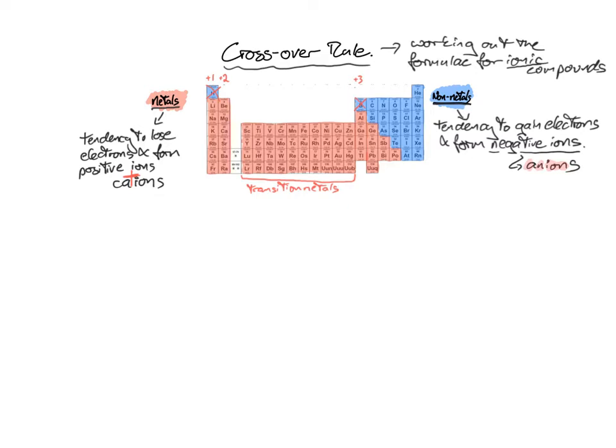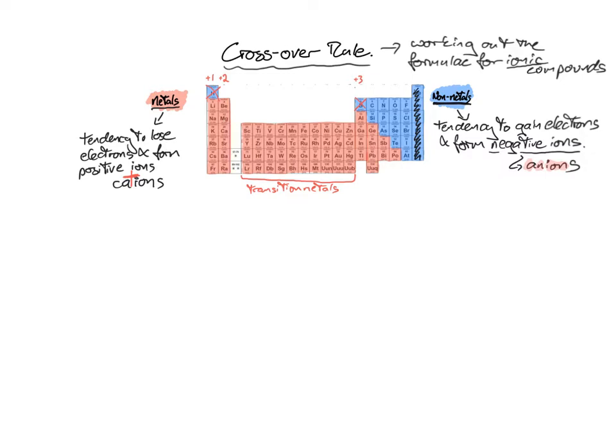Okay, so the non-metals. Firstly, we can almost cross out group 8. Group 8 are the noble gases. It is not energetically favourable for them to gain or lose electrons, so they don't get involved in bonding at all. If we look at group 7, they all have 7 outer shell electrons.